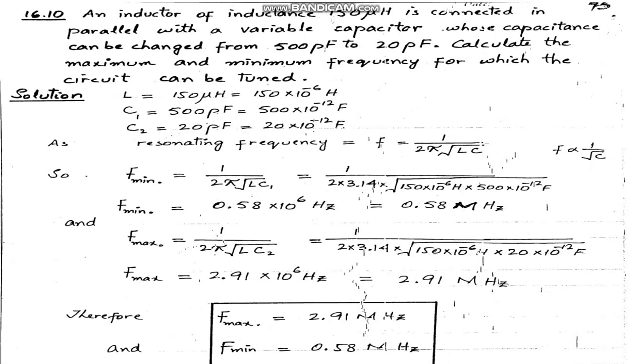By using the calculator, we get the answer F maximum is equal to 2.91 multiplied 10 to the power 6 Hertz, or we can write 2.91 megahertz. Therefore, F maximum is equal to 2.91 megahertz and F minimum is equal to 0.58 megahertz. These are the two values between which we tune the circuit.